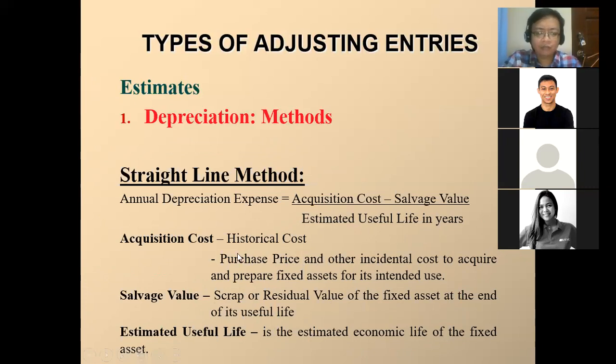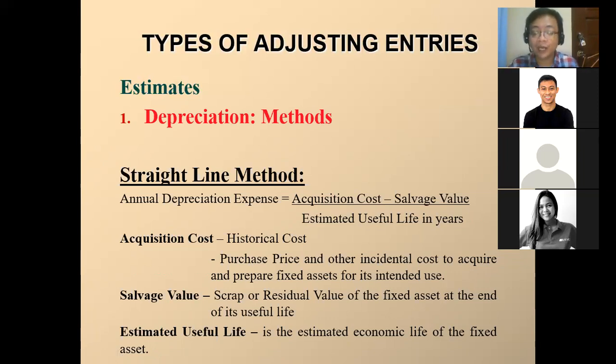Someone asked me, sir, how do we determine the estimated useful life of the asset? That depends on management. Usually, vehicles are only 5 years. As you notice, if you took a loan to buy a car, the maximum is 5 years, because that is really the lifespan of a car. That doesn't mean you can no longer use it. What I mean is the value of it lasts only 5 years, as time goes by.